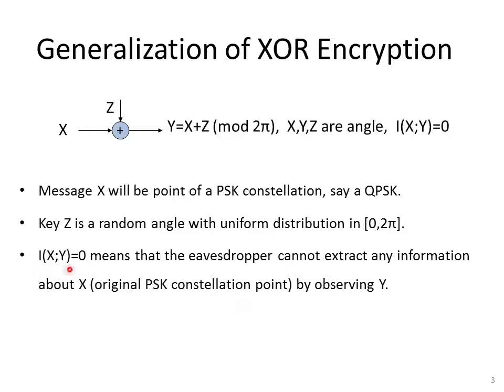And again, the mutual information equal to 0 means that the eavesdropper cannot extract any information about X, which is the original PSK constellation point, by observing Y. As we will see later, this operation of addition of phases modulo 2π occurs naturally as part of the transmission in a wireless channel, and this is one of the features that we would like to use to achieve perfect secrecy.